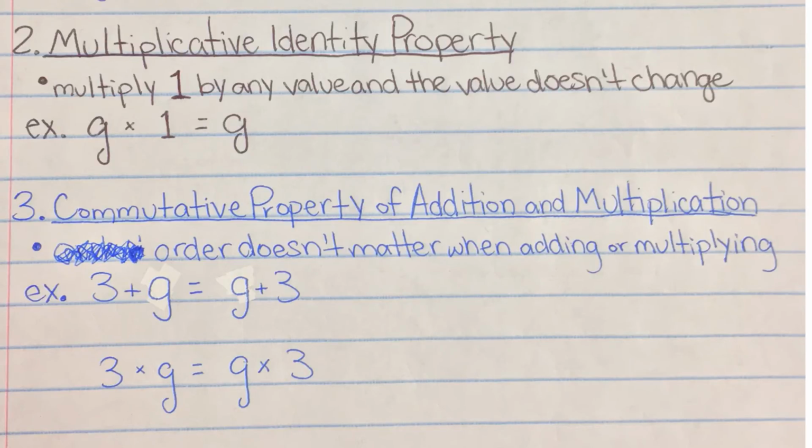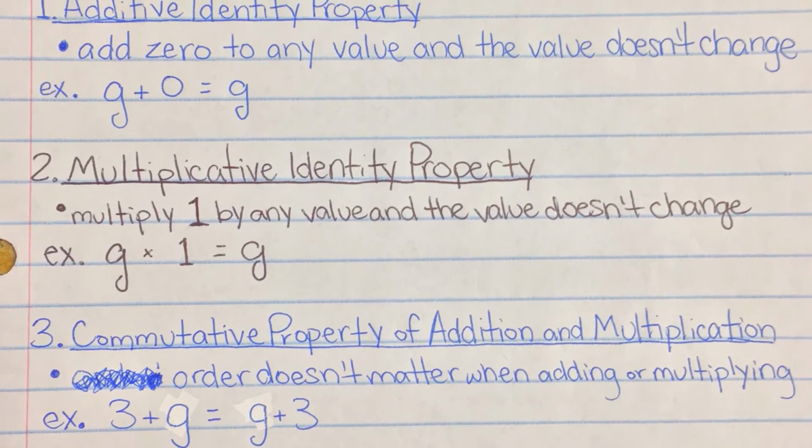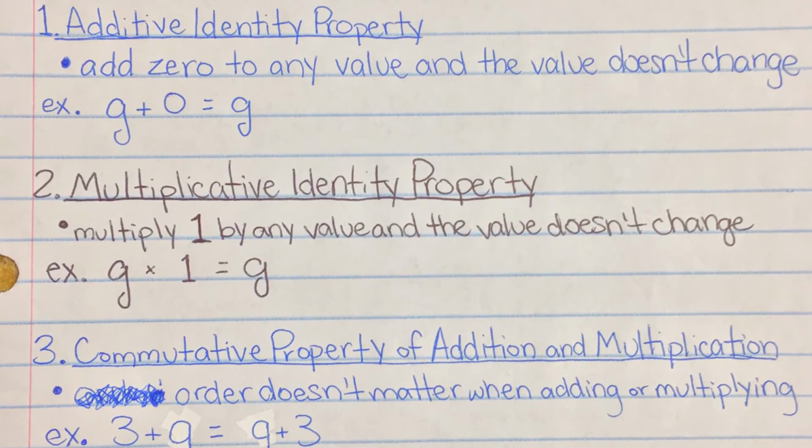Okay, very similar to adding 0, like we did here. Plus 0 doesn't change G. Here, times 1 doesn't change G. We have G times 1 equals G. You could plug in anything for G. You could plug in 5, 6, 7, 8, bananas, apples, oranges, whatever. If you multiply anything times 1, you're just left with that same anything.